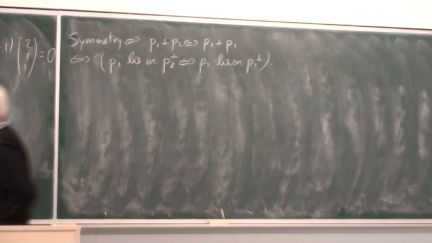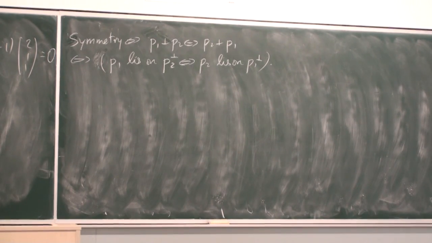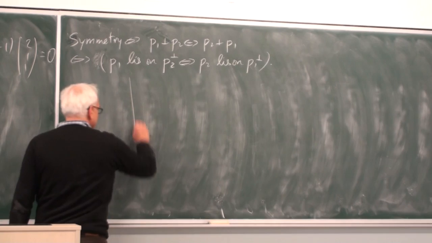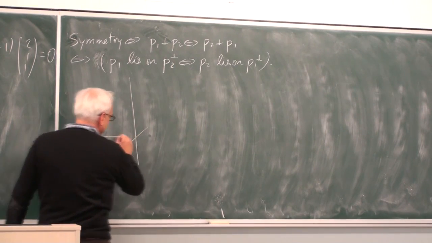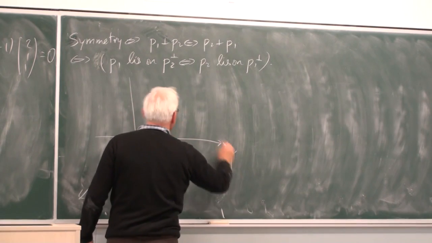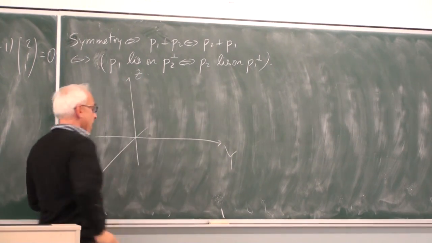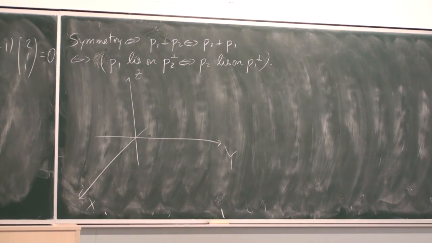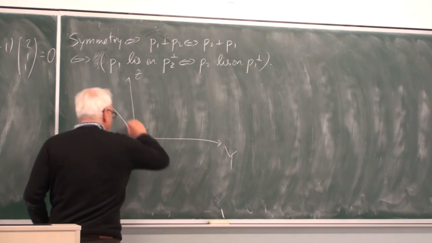All right, let me try to explain this from a three-dimensional picture, which I think is instructive. So let's go back to the original x, y, z. And I'm actually going to use this same relativistic form because it's good for us to think a little bit relativistic. So here is the cone.